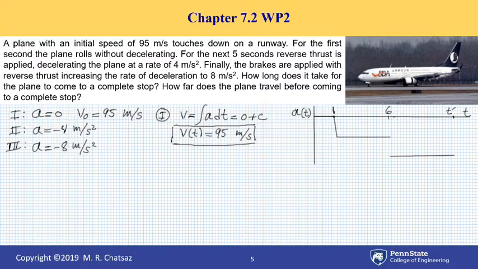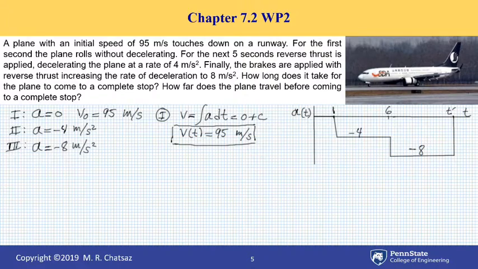So this is the acceleration diagram. A is -4 here and -8 there till it comes to rest.